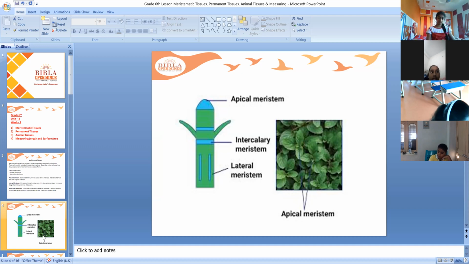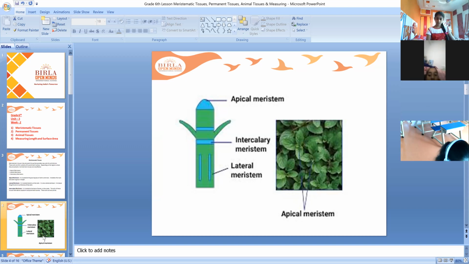It is responsible for thickening of stem and root. Intercalary meristem increases the branches as it is present at the nodes in between the lateral meristems. It is responsible for elongation of internodes.